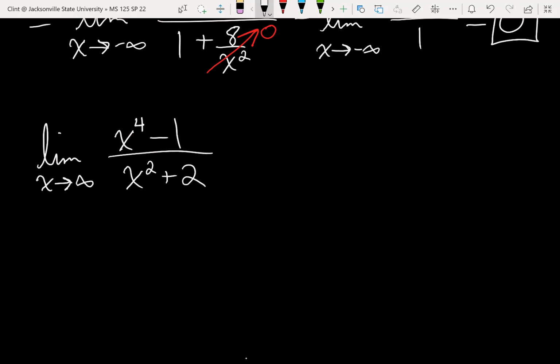Same category of limits, same idea we used on the last one. Here, our largest power of x in the denominator is x squared again. It's not always. I'm going to divide everything by x squared.